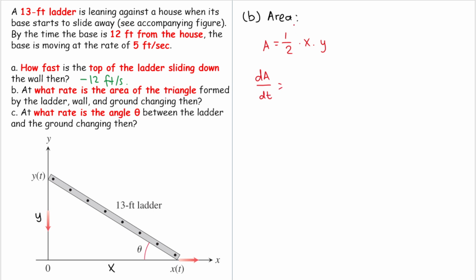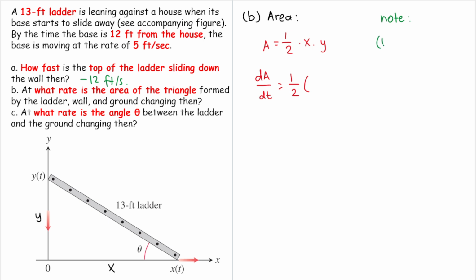And 1/2 is a constant, so that is not a problem. But we have some problem here. This is a multiplication between two functions, right? Because this x is a function of time and y is also a function of time. So we need to find the derivative of the product of two functions.